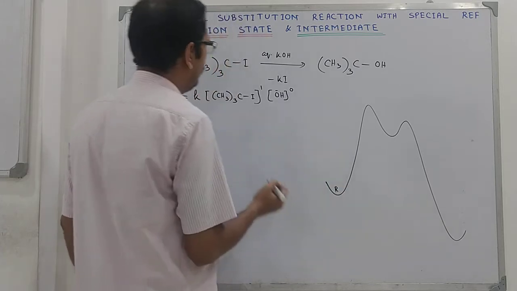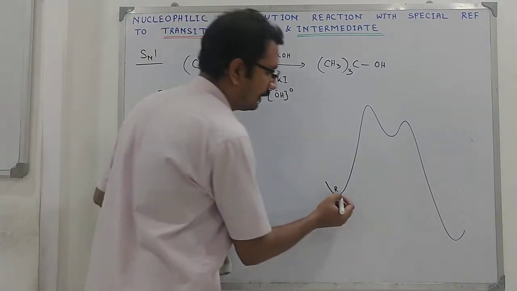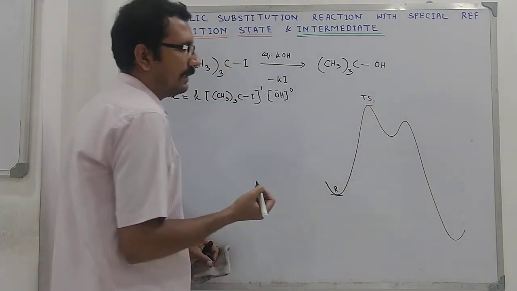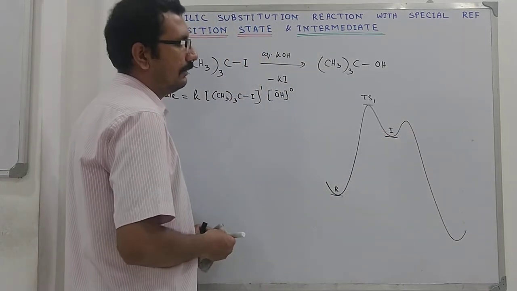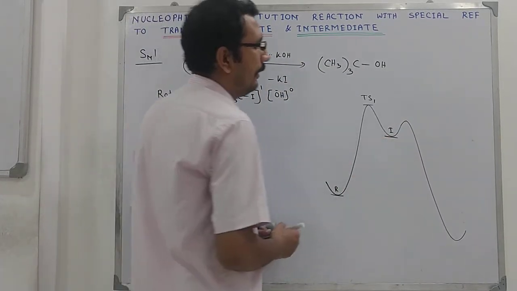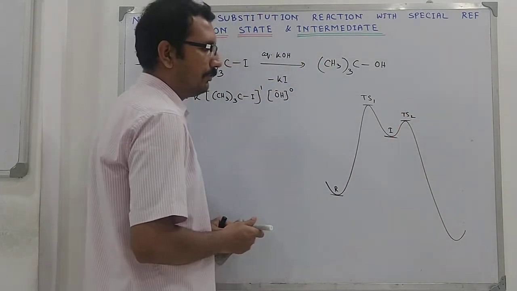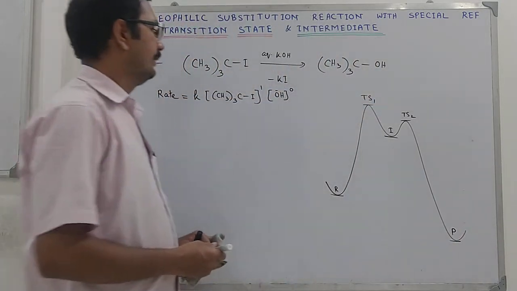So here we will have the tertiary butyl iodide, and after passing through transition state 1, it will give us the intermediate, that is the 3 degree carbocation. It will again pass through the transition state 2 in step 2 to give us the product, that is the tertiary butanol.